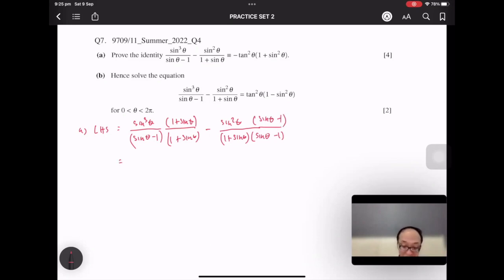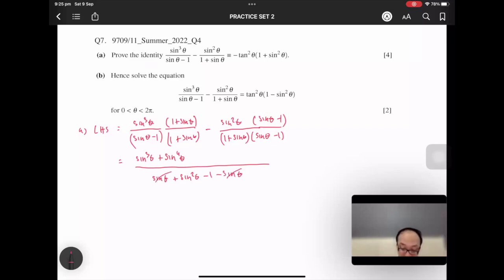So this equals sine cube theta plus sine 4 theta, over the denominator, which will be sine theta plus sine square theta minus 1 minus sine theta.